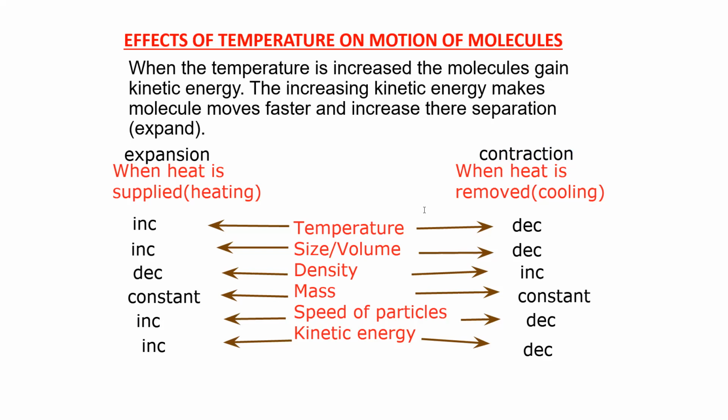When we remove the heat energy, the particles still have space. So these particles, in general, come closer to each other. As the particles come closer to each other, the size will decrease.